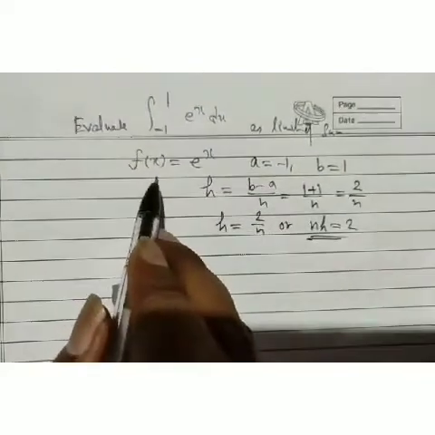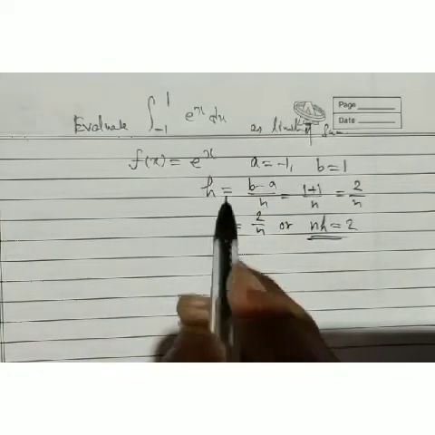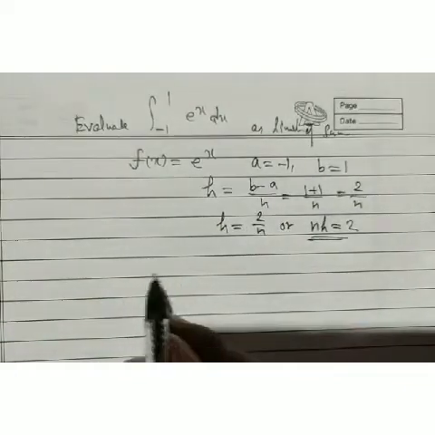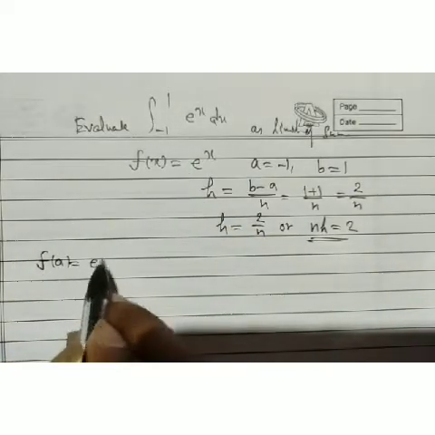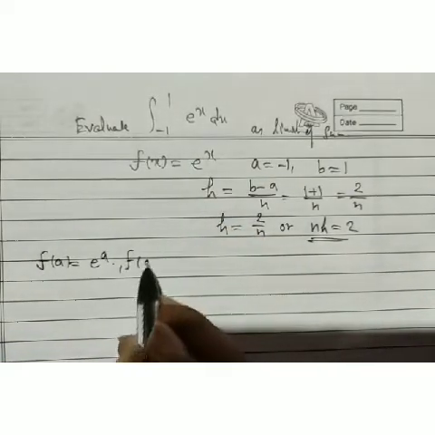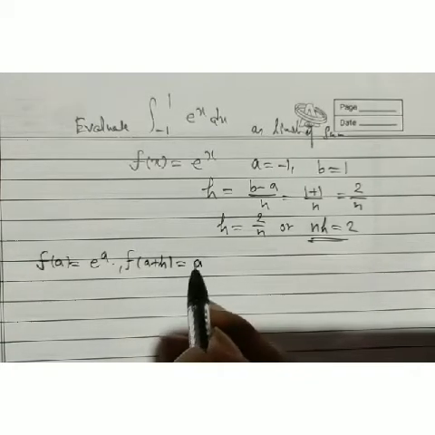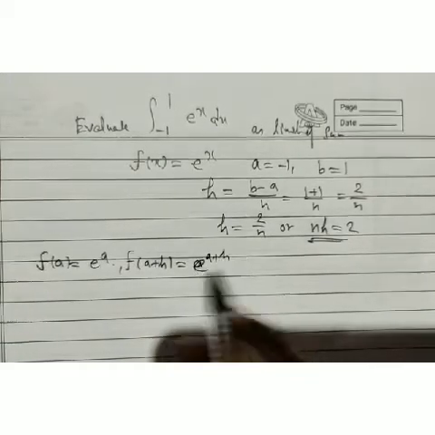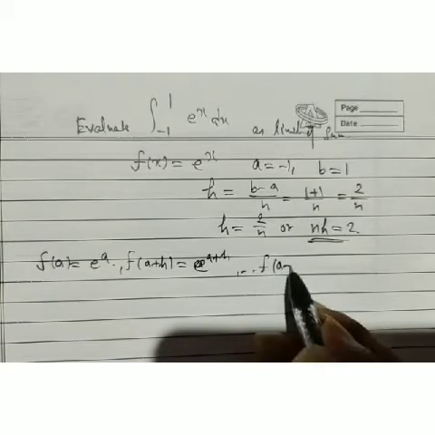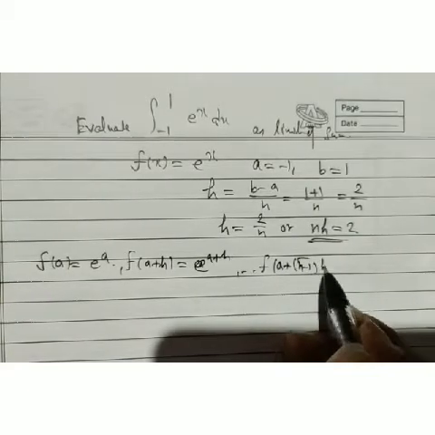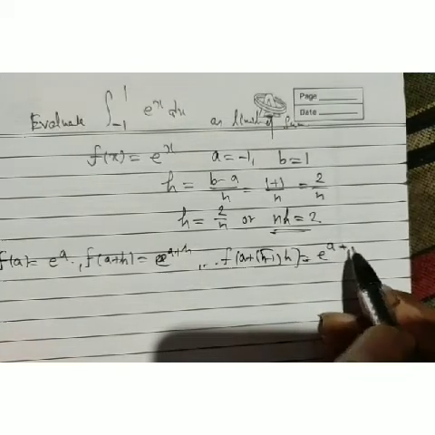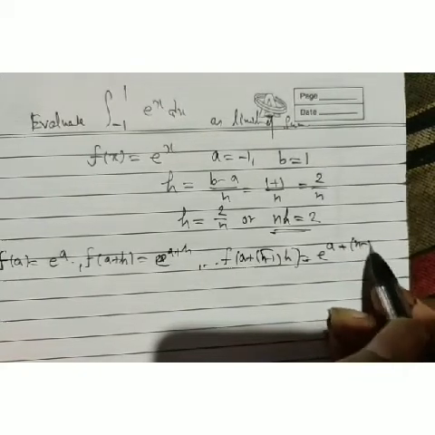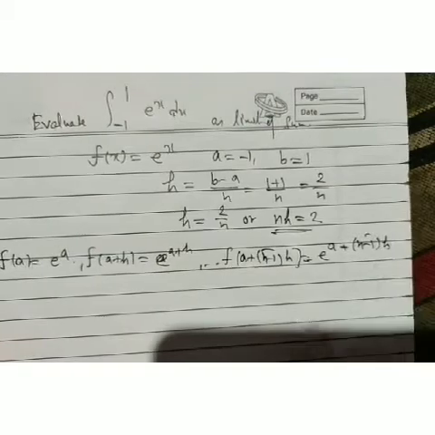Now we get nh equal to 2 here. Our f(x) equal to e to the power x. Also we get the values: f(a) is e to the power a, f(a plus h) is e to the power a plus h, and f(a plus (n minus 1)h) is e to the power a plus (n minus 1)h.